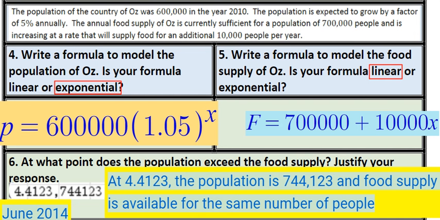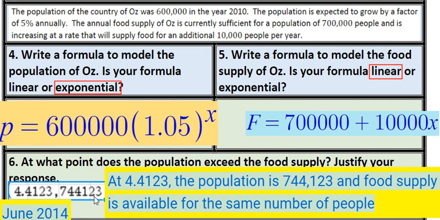So to summarize what we said, at 4.4123, the population is 744,123. And the food supply is available for that exact number of people.